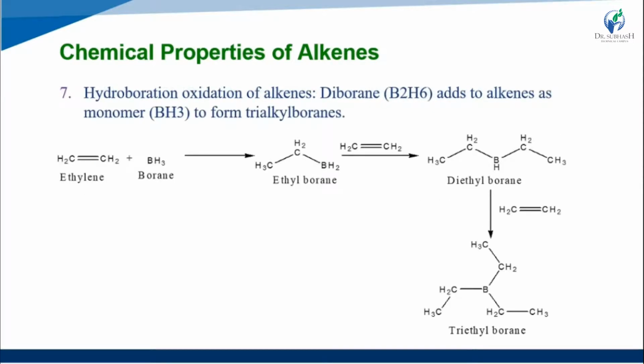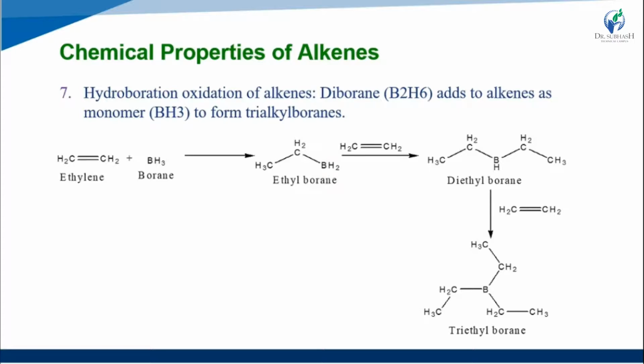Now the seventh method, that is hydroboration oxidation of the alkenes. Here first we take diborane, then add further alkenes, making the trialkyl boron, having 3 alkyl groups.